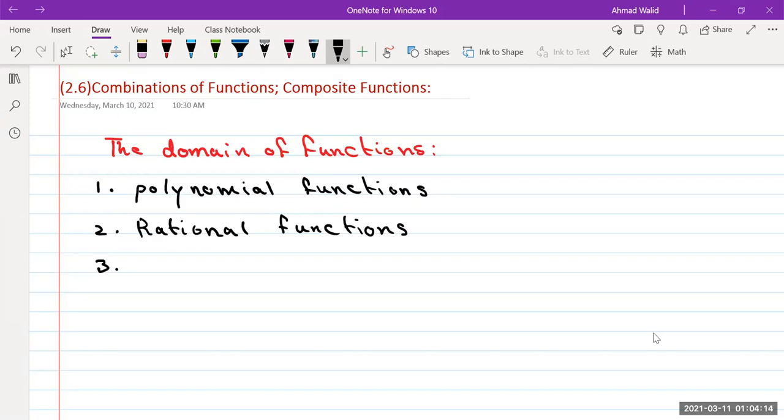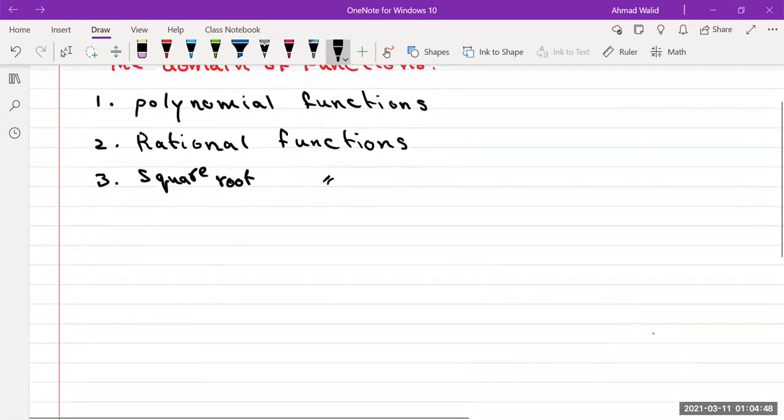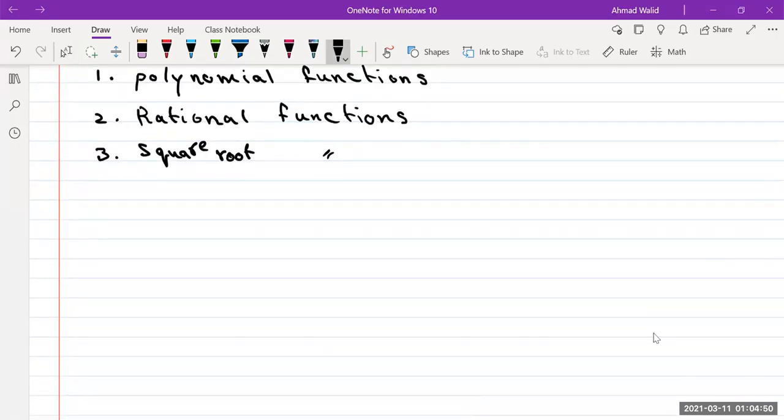I think the last one is square root. Let me check here, yeah, it should be the square root functions. The domain of the square root functions, correct? Let's start with the domain of polynomial functions.